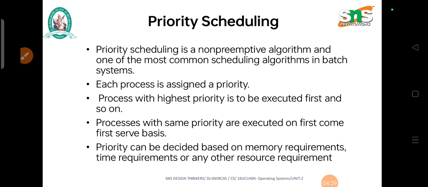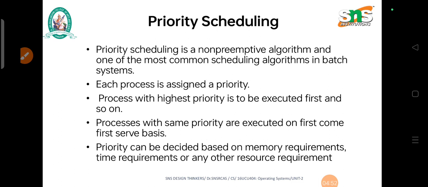Next is priority scheduling. Priority scheduling is a non-preemptive algorithm and one of the most common scheduling algorithms used in batch systems. Each process is assigned a priority. The process with the highest priority will be executed first and so on. Processes with the same priority are executed on a first come first serve basis.